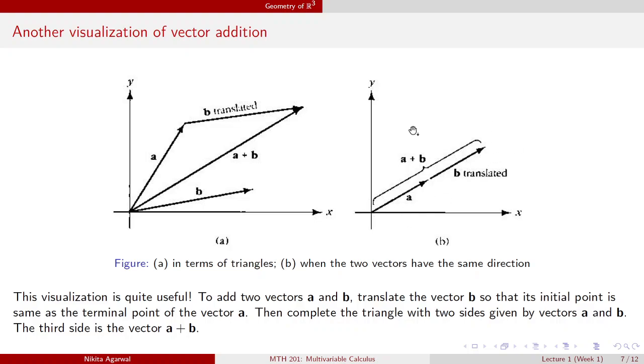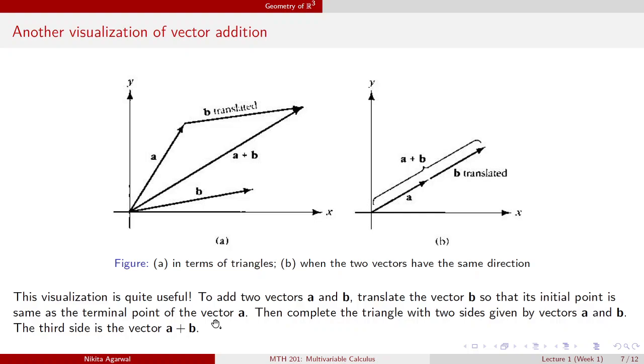This is easy to see. As I said, in the tutorial we will talk about the proof. This is another way in which you can visualize vector addition, and this visualization is quite useful.